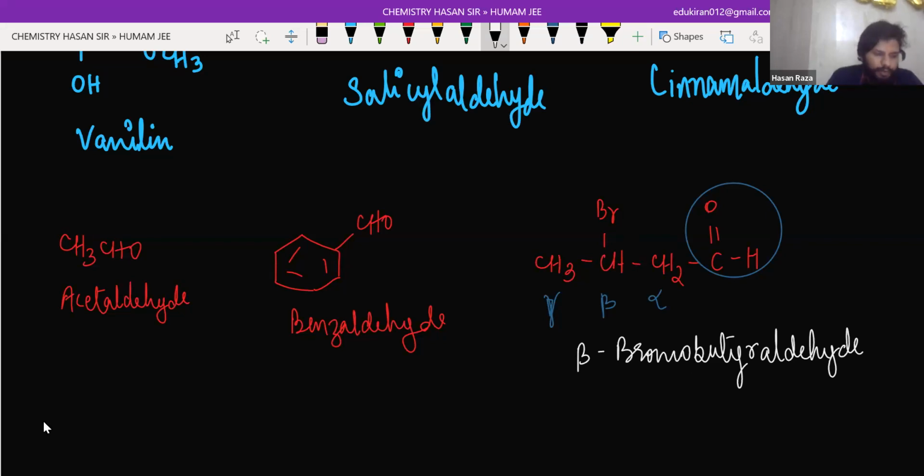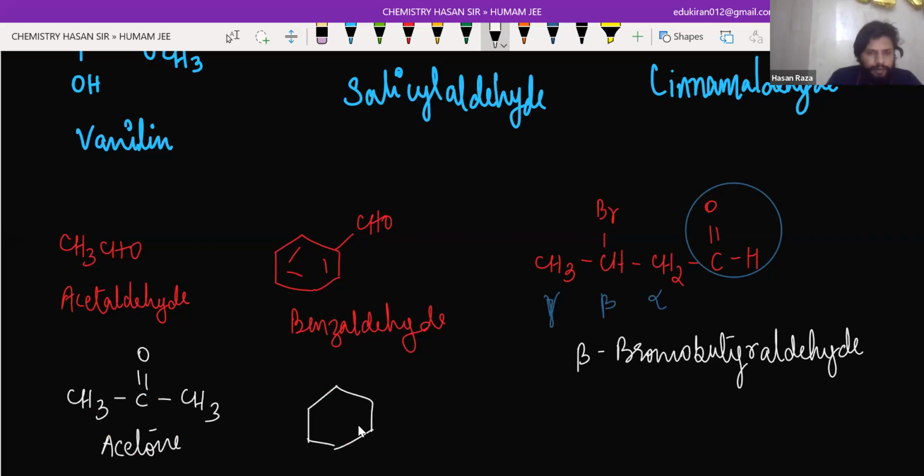In terms of acetone, we can write CH3 C double bond O CH3. Everyone knows that this is propanone. Its common name is acetone. You can see this, 2 carbon is there, acetophenone. This is a ketone.